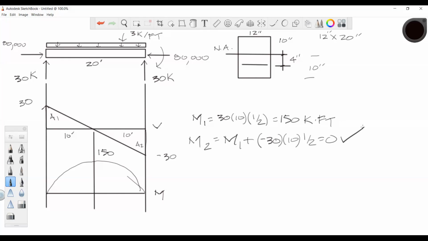Okay, is everybody all right with that? We good on that? Seems pretty straightforward for the most part.